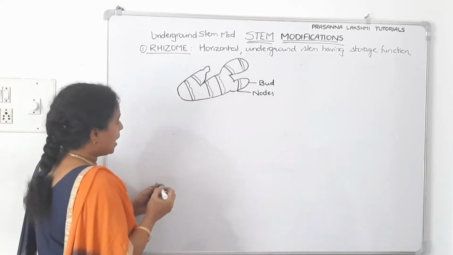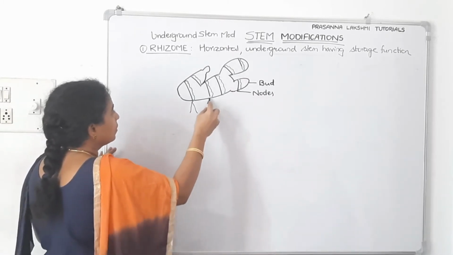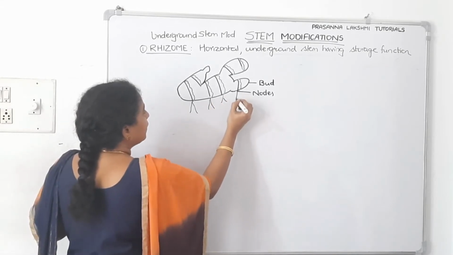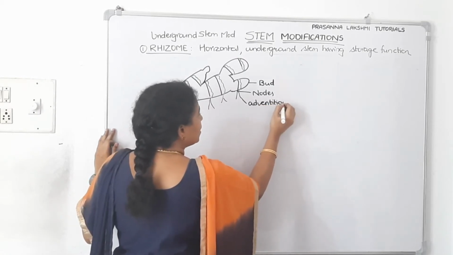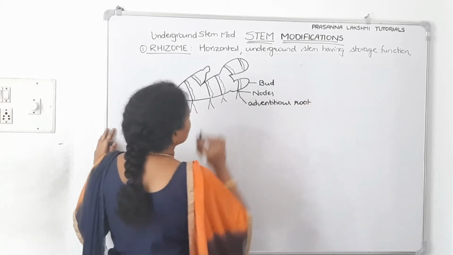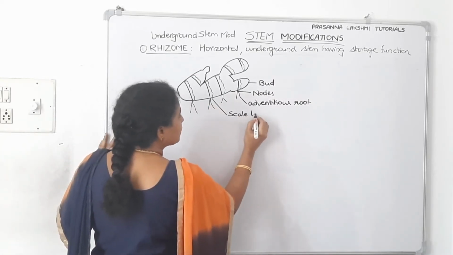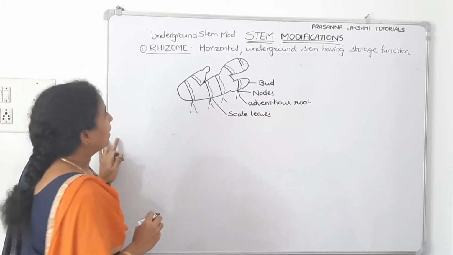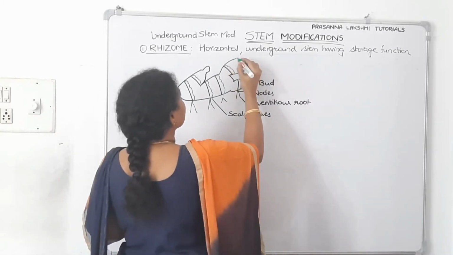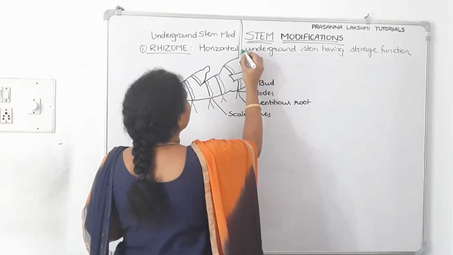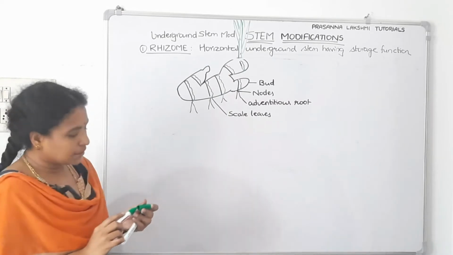And it has adventitious roots arising from the nodes. This is a bud and these are scaly leaves. From the terminal bud, the main plant grows. So these are the leaves. This is a complete underground structure.